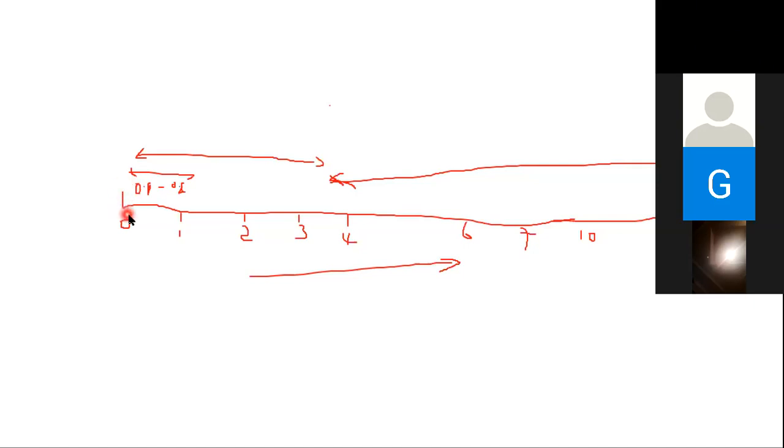The only difference between the one that is 0 point something to 0 point something and the one that is above 1 is this: 0 point something to 0 point something means that the relative risk is less than 1, and it means that that particular variable is protective.